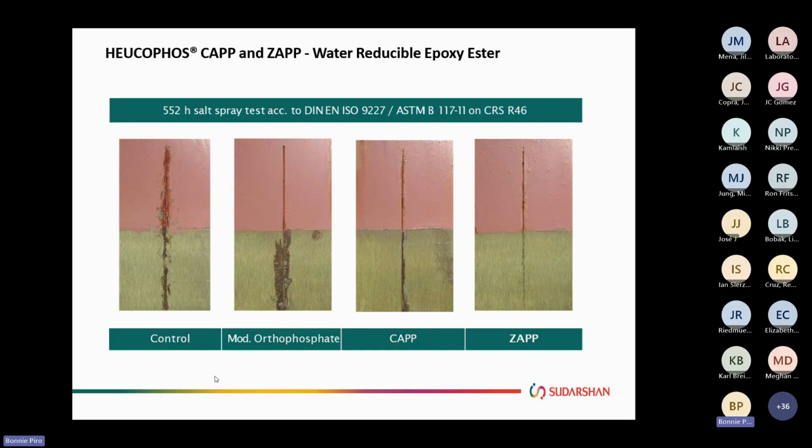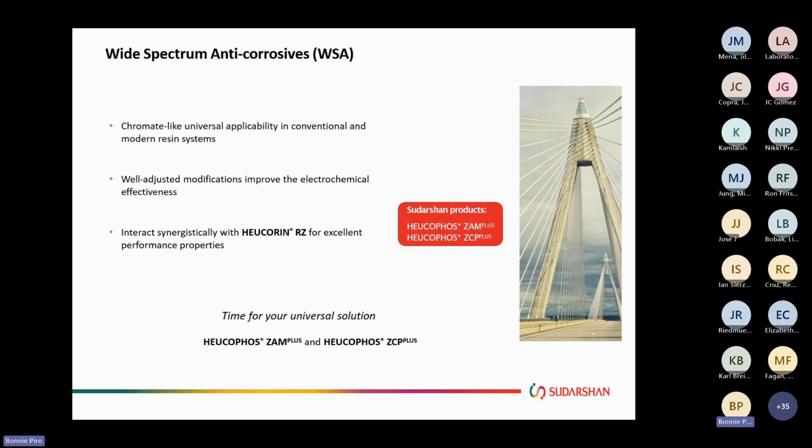And here's some examples. So we have the control, again, on the left-hand side. The modified organic phosphate is here, and then the two products as well are here. So we see some very much improved performance in this water-reducible epoxy formulation. And then the category of wide spectrum anti-corrosives.